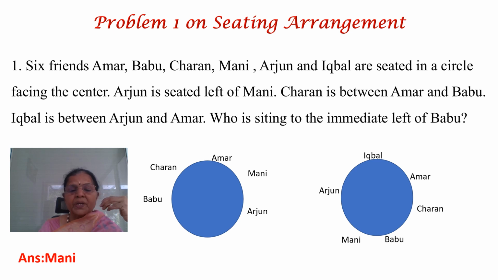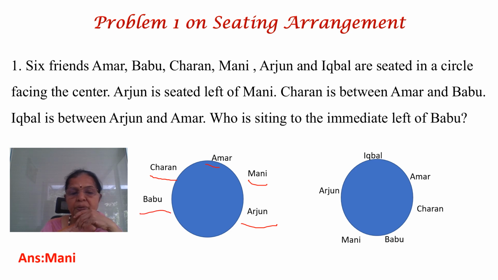See here, first I drew the circle, then I followed the first statement. Arjun is seated left of Mani. So I put Mani here. To his left, I placed Arjun. Okay. And now I followed the second statement. Charan is between Amar and Babu. So immediately I put Charan here and Amar and Babu on either side of Charan.